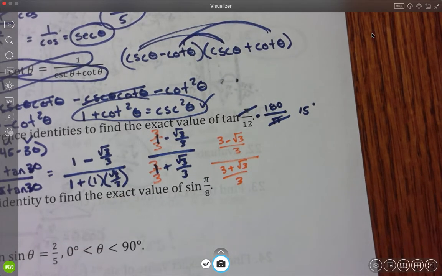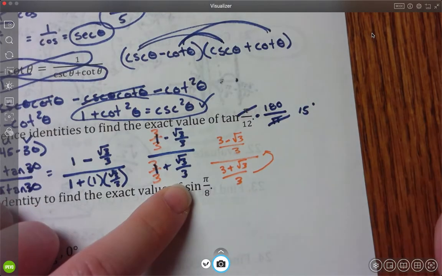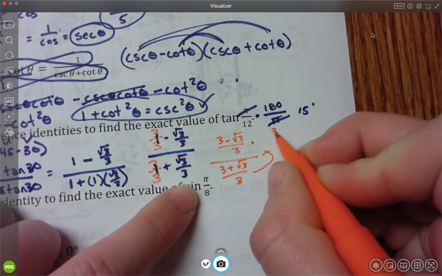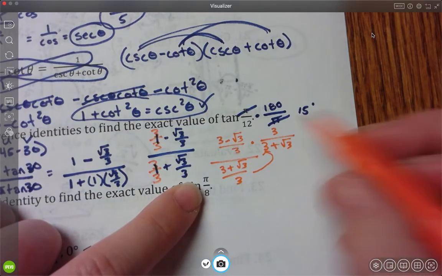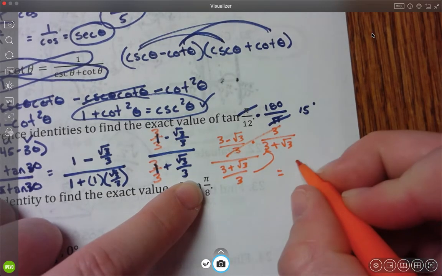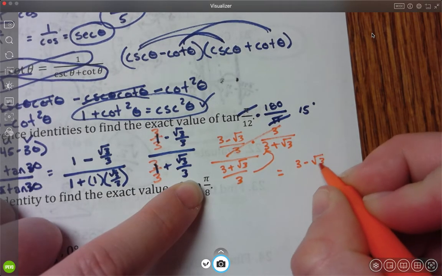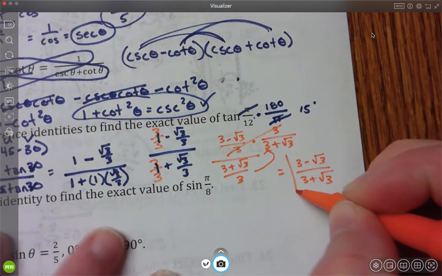You can go ahead and do that. And then I can flip the bottom to the top, so it will be 3 over 3 plus the square root of 3, and then these 3's will cancel. So my final answer is 3 minus the square root of 3 all over 3 plus the square root of 3.